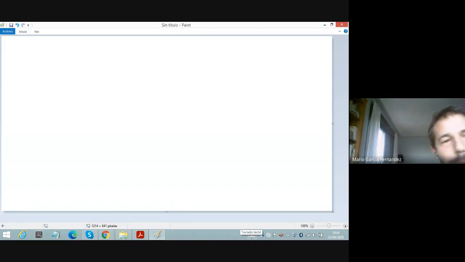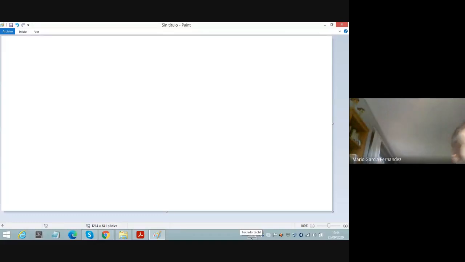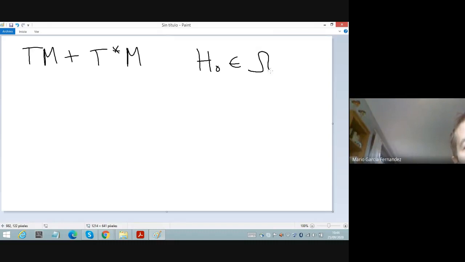Okay, so I have the tangent plus cotangent of a manifold. I have this H0, which is a flux form on the manifold, which is closed. And I have this weird bracket that I'm not going to write again.